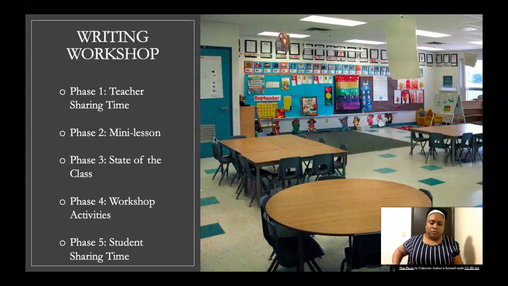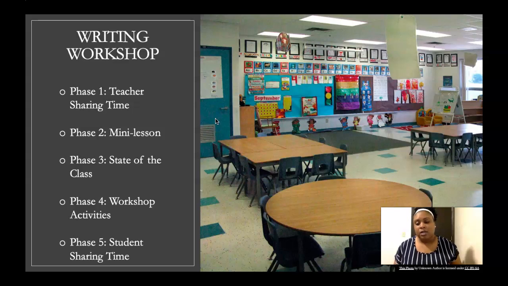So they can say something as simple as drafting or editing or publishing, but they have to do something. That way they are responsible for getting that task completed. Now, this is really a great thing because it can help you with your deadlines, and it also holds the students accountable.